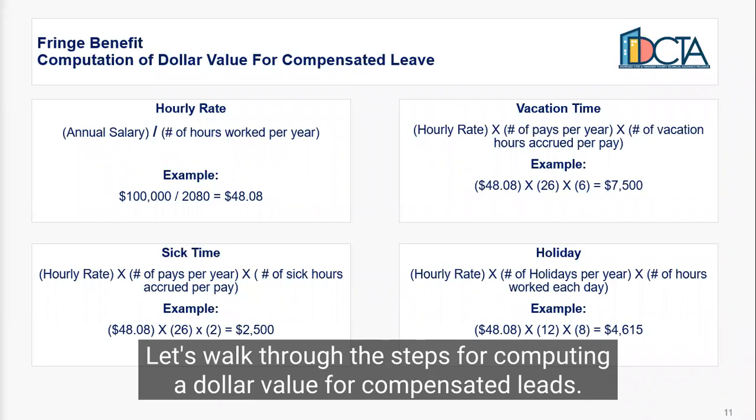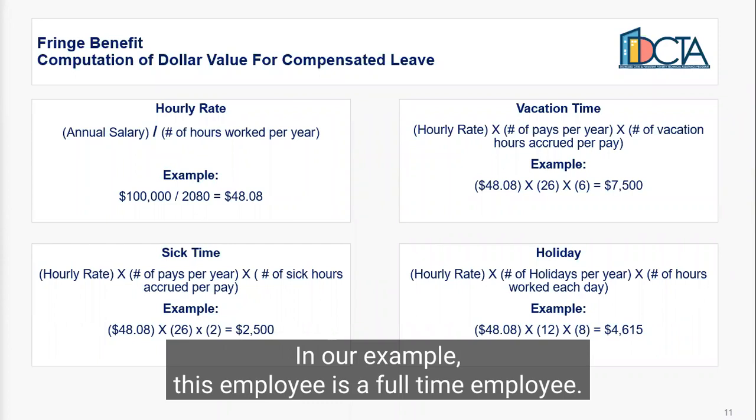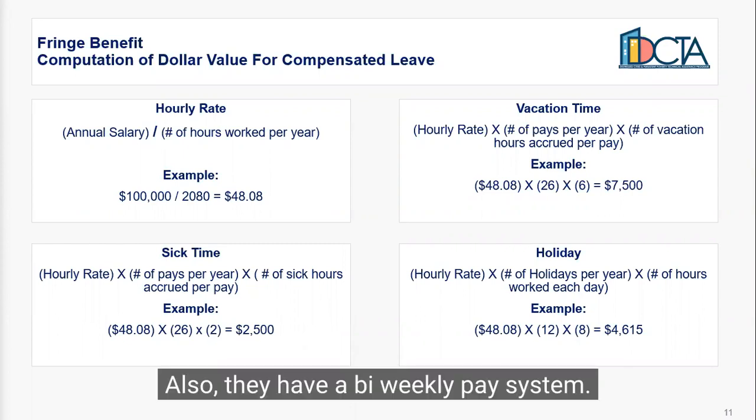Let's walk through the steps for computing a dollar value for compensated leave. The first step is to calculate an hourly rate. In our example, this employee is a full-time employee. Also, they have a bi-weekly pay system.